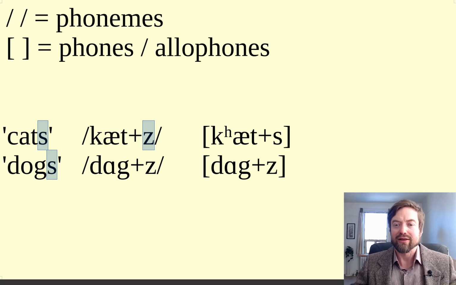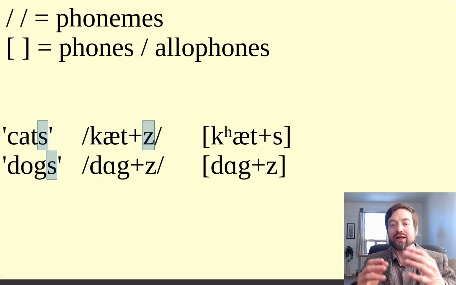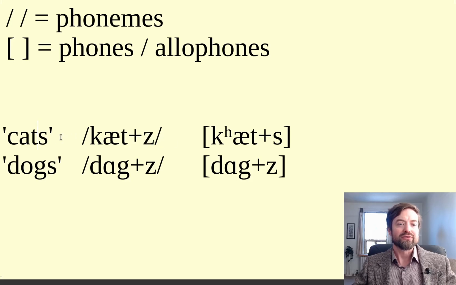The plural, like what's the letter that you make a plural with in English? That's an S. So we think of it as an S when we're thinking about the letters.